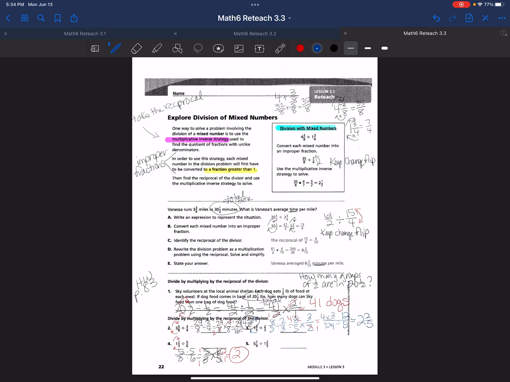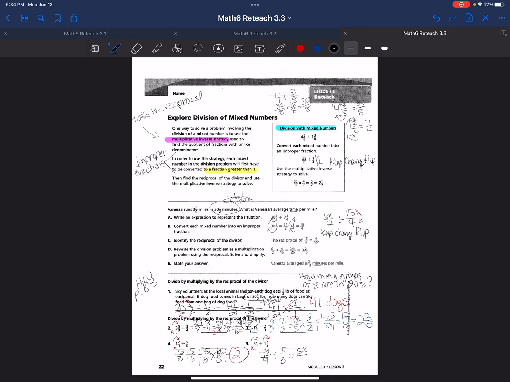And the last one, I've got 2 mixed numbers, so I have to change them both into improper fractions. 5 times 9 is 45, plus 7, I get 52/9 divided by 3 times 3 plus 2 is 5/3.